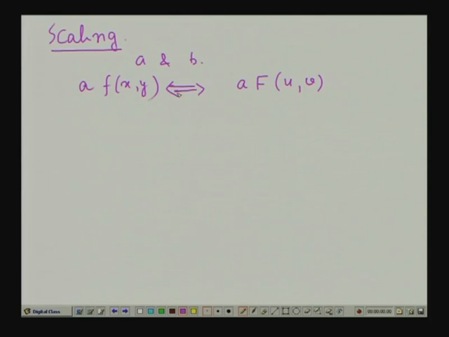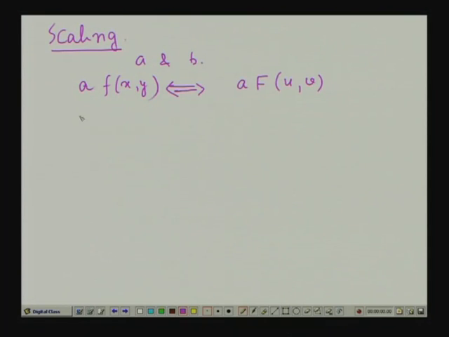So, if I multiply a signal by a scalar quantity a and take its Fourier transformation, the Fourier transformation of this multiplied signal is nothing but the Fourier transformation of the original signal multiplied by the same scalar quantity, and the same is true for the inverse Fourier transformation.